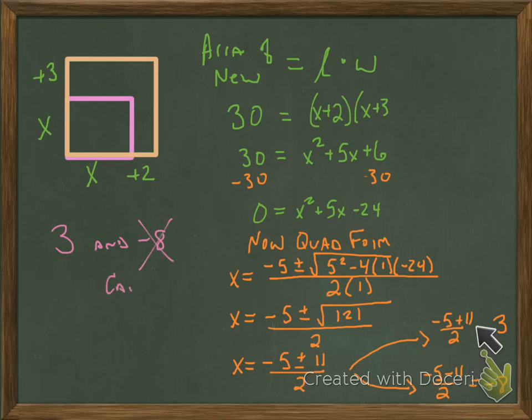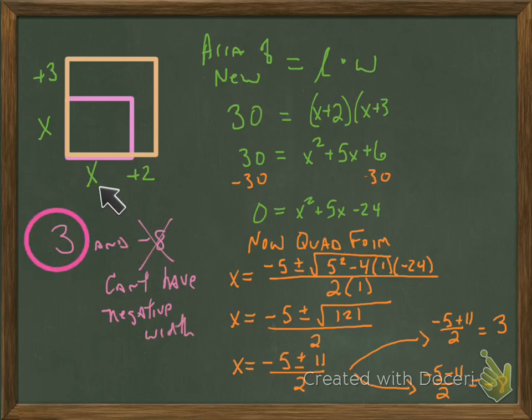Again, what happens is I recognize that I have two possible answers, 3 and negative 8, but I can't have a negative square. So the width couldn't possibly be negative 8, so I just crossed that out, and the original width of the square must have been 3.